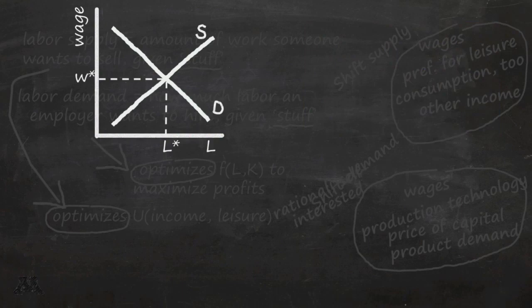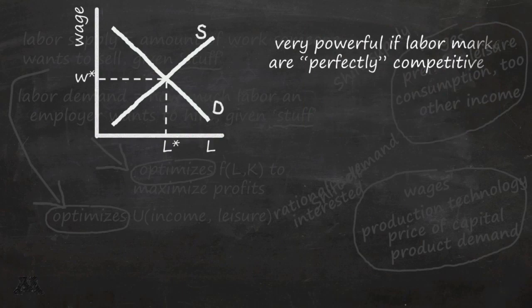The third thing that we can look at from this graph is the importance of perfect competition. Now, all markets are competitive to one degree or another, but perfect competition, ideally competitive markets, have a special place in mainstream economic thought.